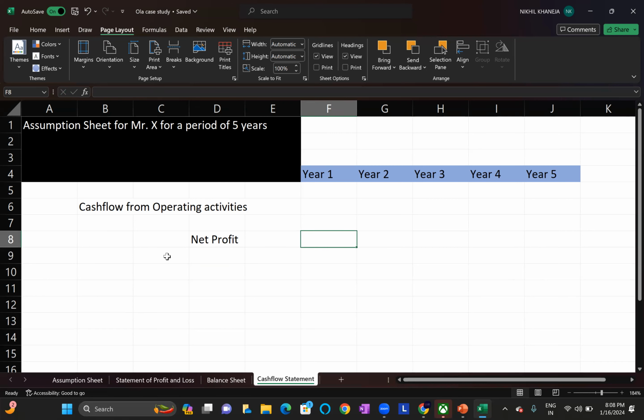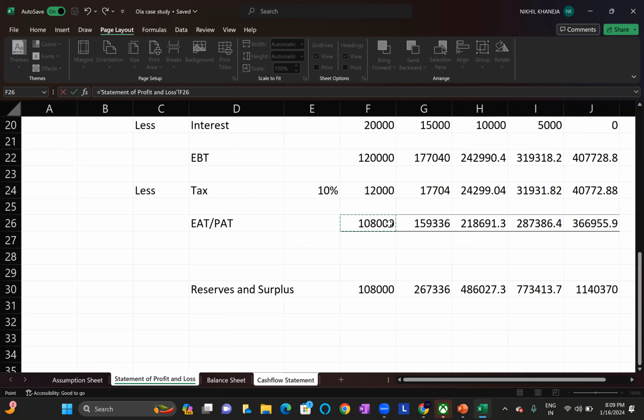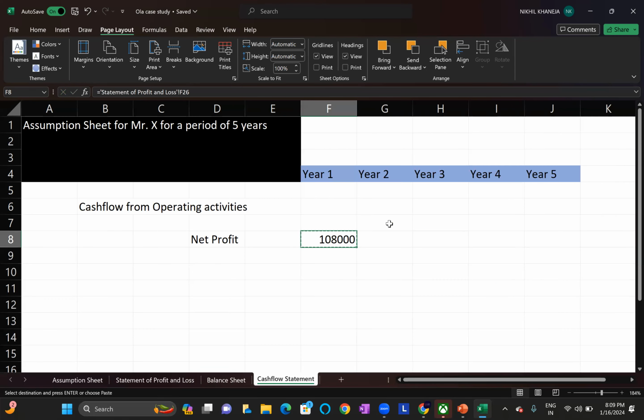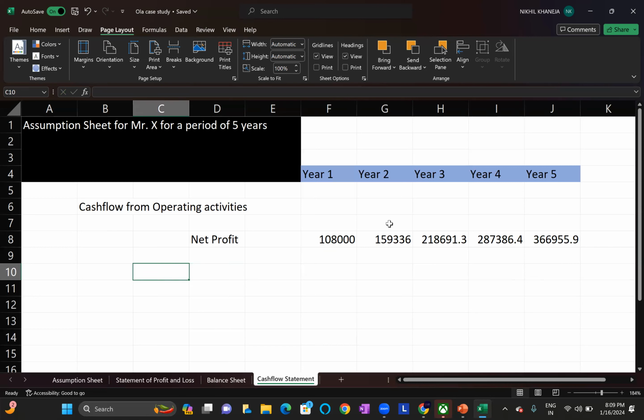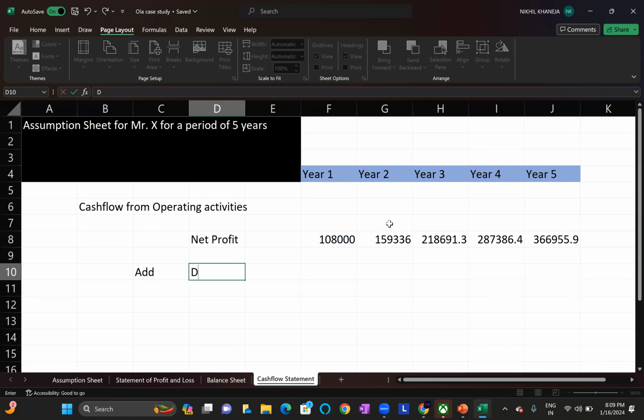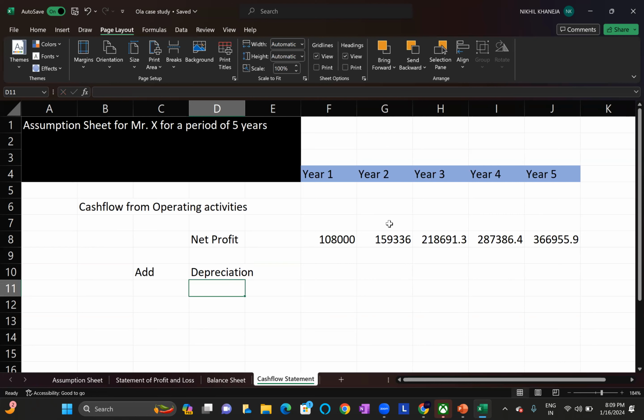I'll be linking net profit from the statement of profit and loss. This is my net profit. Then guys, I'll be adding back depreciation here, because depreciation is nothing but a non-cash expense, and we are calculating closing balances of cash and bank in the cash flow statement.